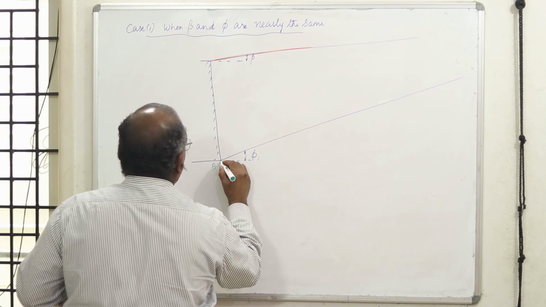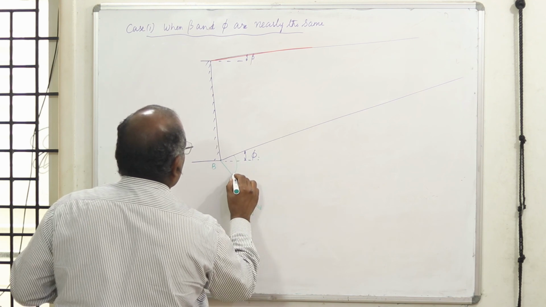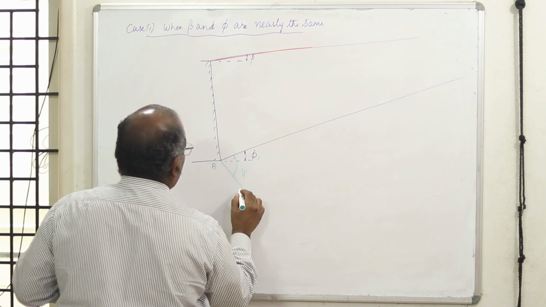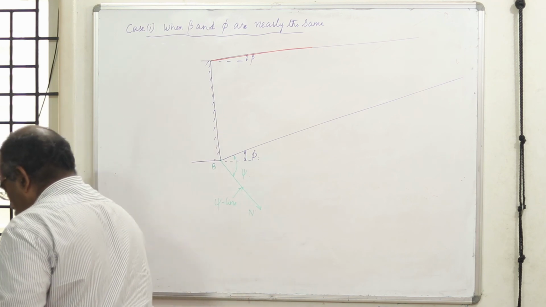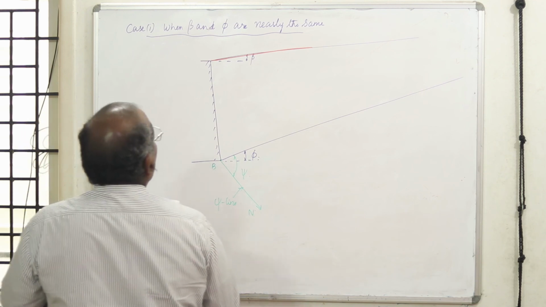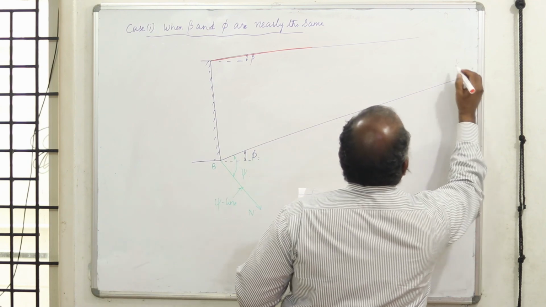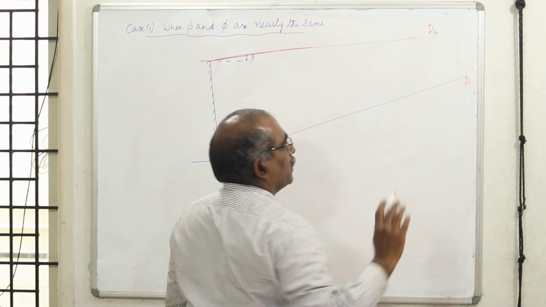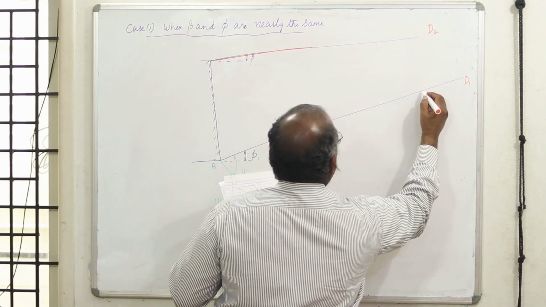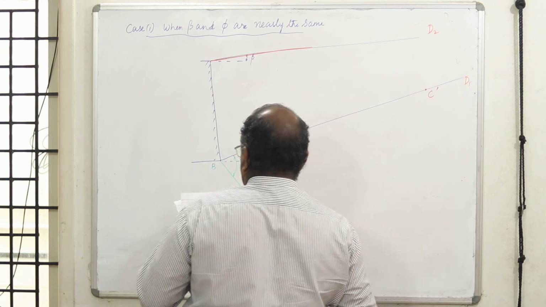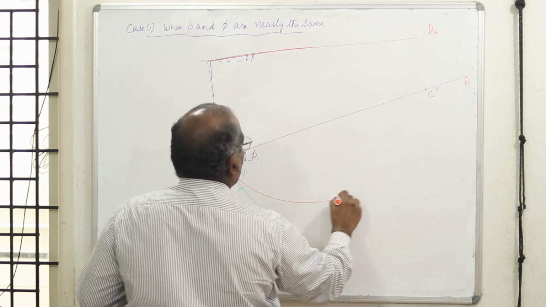This is as usual Bn, this is the value of psi, this is the psi line. Now I am going to select some points. Let us say this is D1, this is D2. They are not meeting at a point D. Now let us select some point C dash, and I'll take the middle point of BC dash and draw a semicircle.